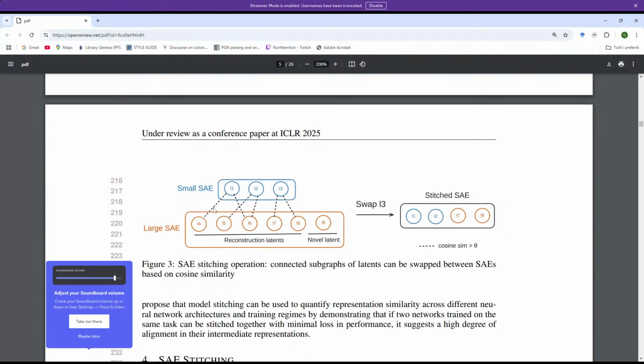For each SAE, you have a threshold on cosine similarity, and if it's bigger than a certain threshold, you can pair them up. When you do the maximum value, you just have one pair, but basically you have a correspondence between latents on the large one with latents on the small one.